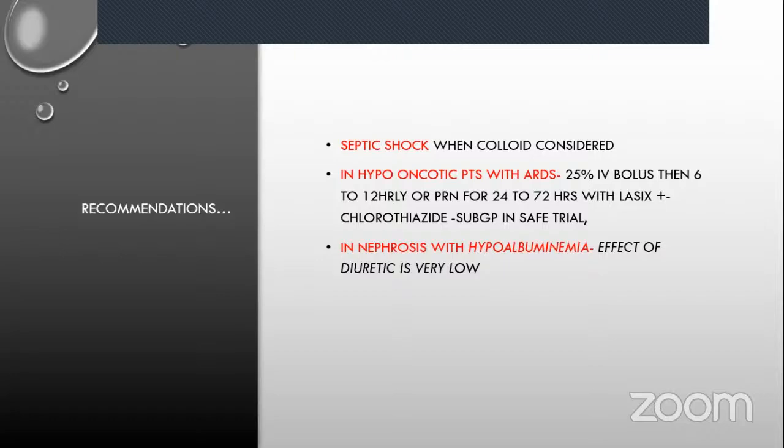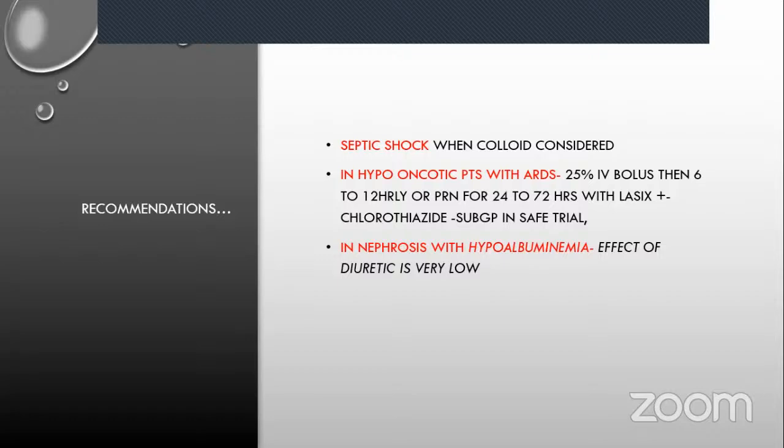So in hypooncotic patients with ARDS, the SAFE trial has shown benefit by giving a 25 IV bolus and then some Lasix for about 72 hours. Other protocols like the PAL protocol used PEEP, albumin, and Lasix.